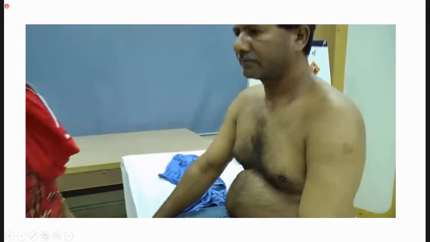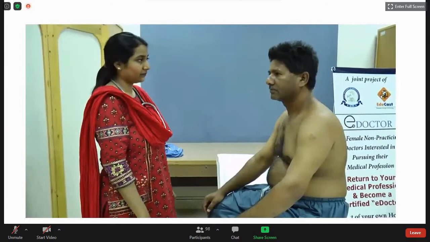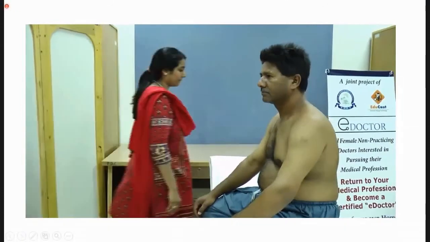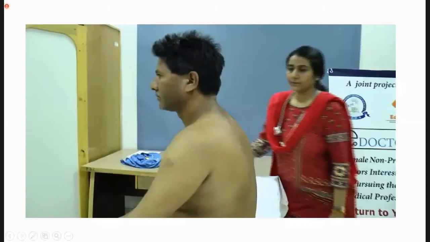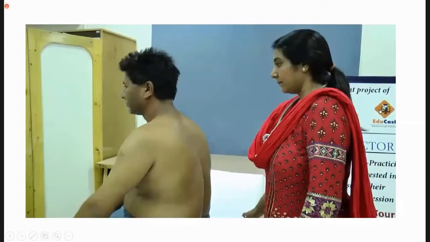This method is done to check for chest expansion of the lower lobe. In order to check for expansion of the upper lobe, move to the posterior aspect of the patient. The procedure will be the same, placing both hands on the chest wall.